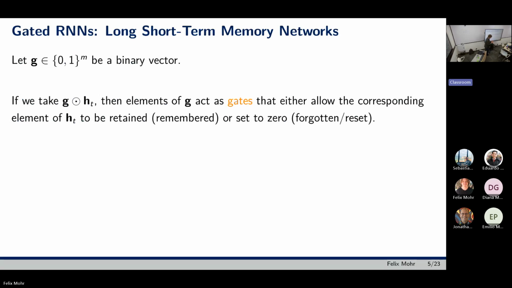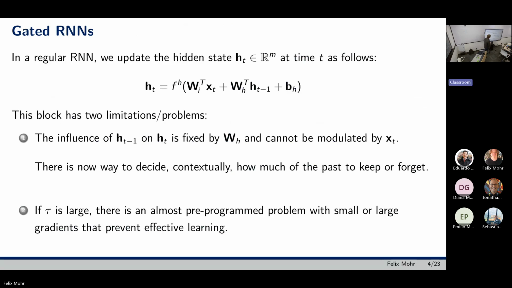And we could say that if we go back to the formula for a second, let's take this product here, or even this whole part here. That would be somehow the influence of the previous hidden state onto the current hidden state.